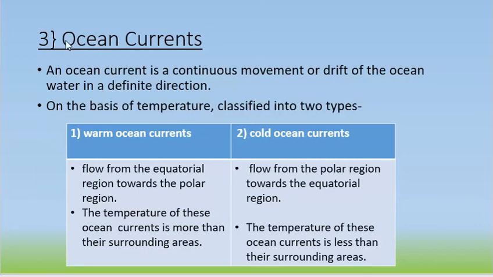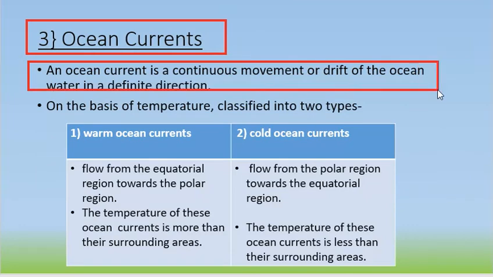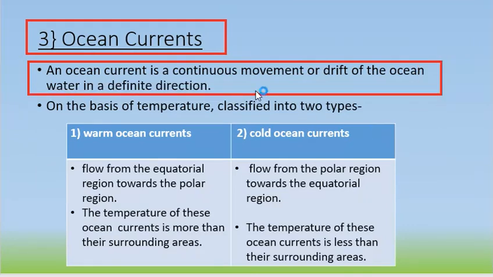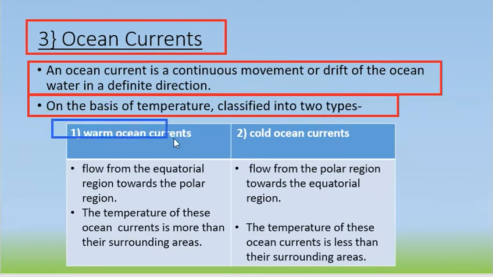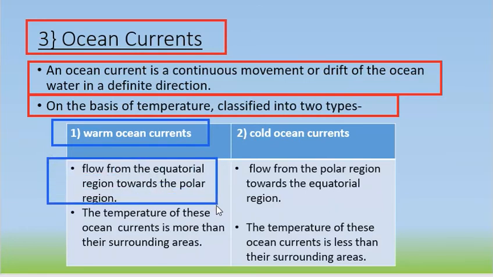Now, next movement is ocean currents. An ocean current is a continuous movement or drift of the ocean water in a definite direction. On the basis of temperature, we are able to classify it into two types. First one, warm ocean currents flow from the equatorial region towards the polar region.